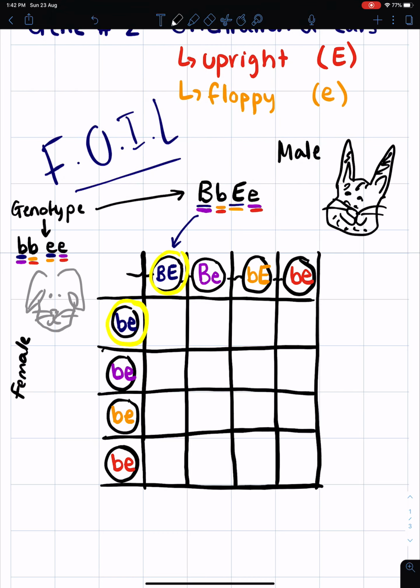So we just put these together, and the two most important rules are that the alleles for the same trait have to go back together like this, and the dominant allele, if it's there, has to always be first before the recessive allele, like that.